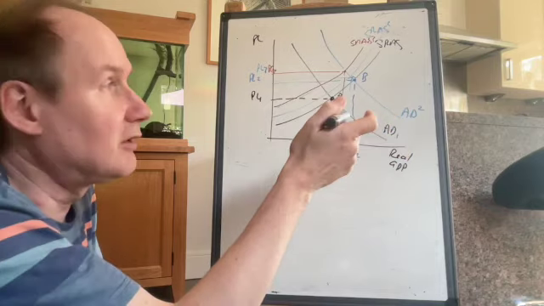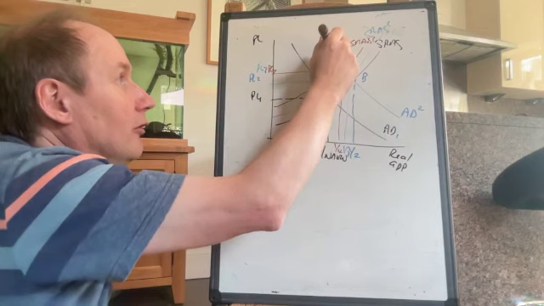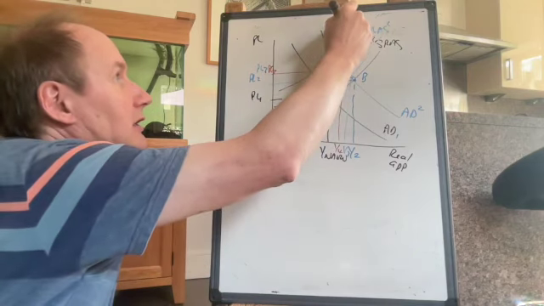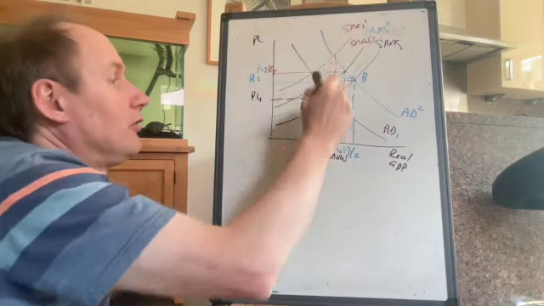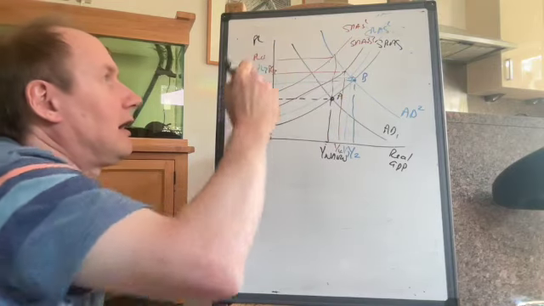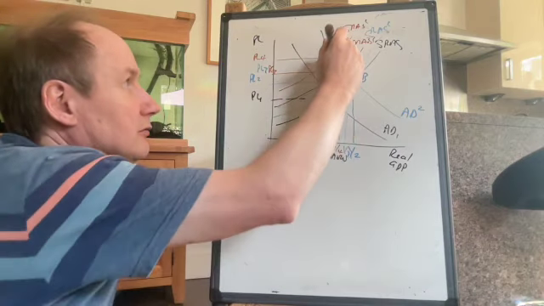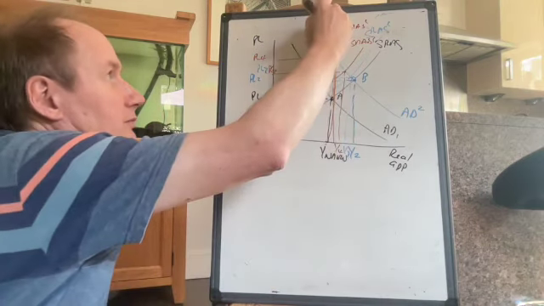Exports become less competitive. AD falls again, and this process is going to continue until the power of firms and workers is balanced. Until eventually we've returned to the NARU, but all we've ended up with is a higher price level. So again, your long-run aggregate supply function is vertical.